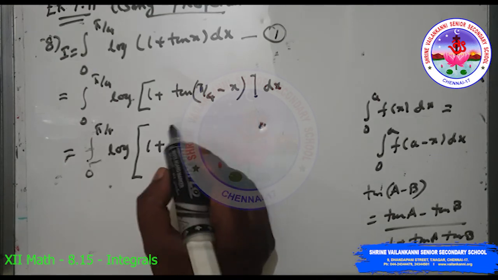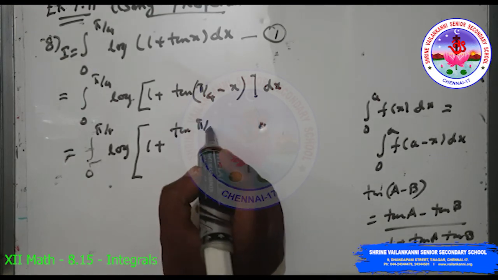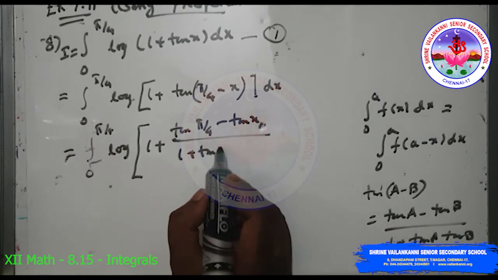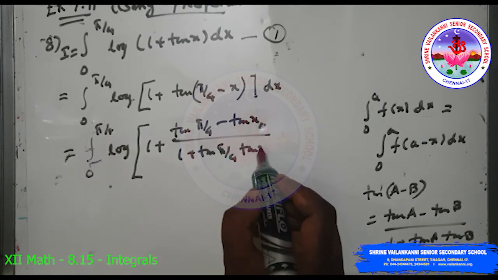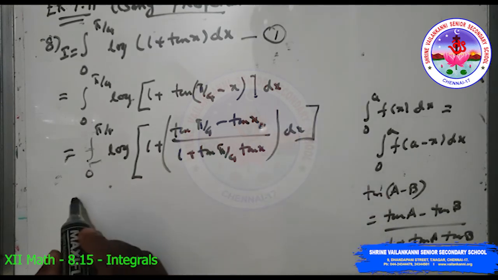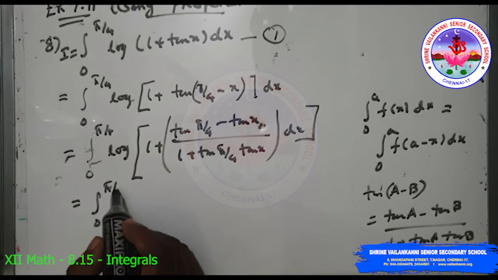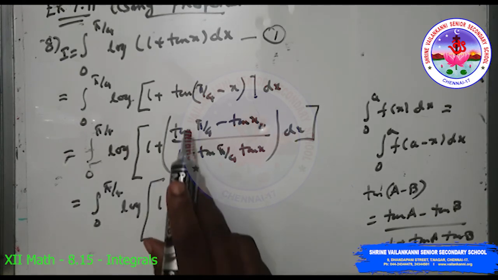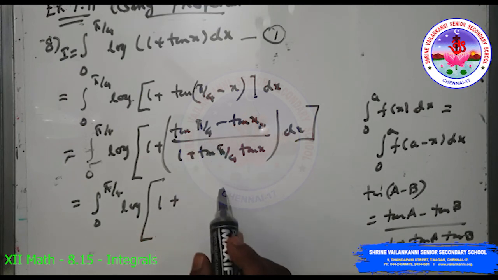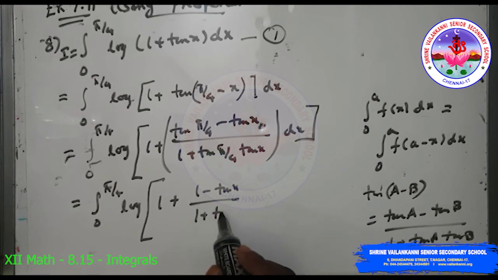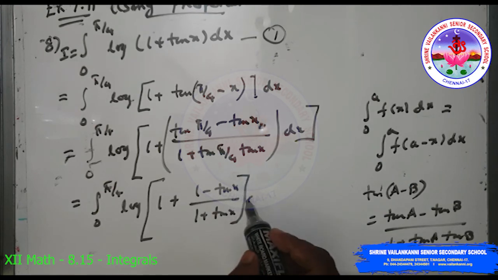So I am writing this as tan pi by 4 minus tan x by 1 plus tan pi by 4 tan x dx. So which is equal to integral 0 to pi by 4 log 1 plus, tan pi by 4 is 1, so 1 minus tan x by 1 plus tan x dx.